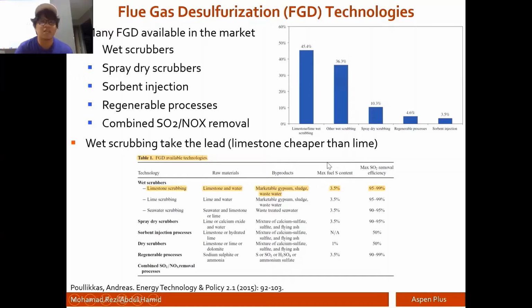Gypsum is, if I'm not mistaken, a calcium sulfate dihydrate, and it can be used for other applications, such as wallboard and plaster, and different kinds of important things. Obviously, you will also generate sludges as well as wastewater. And the SO2 removal efficiency for limestone wet scrubber is pretty good. It can reach up to 99% SO2 removal.